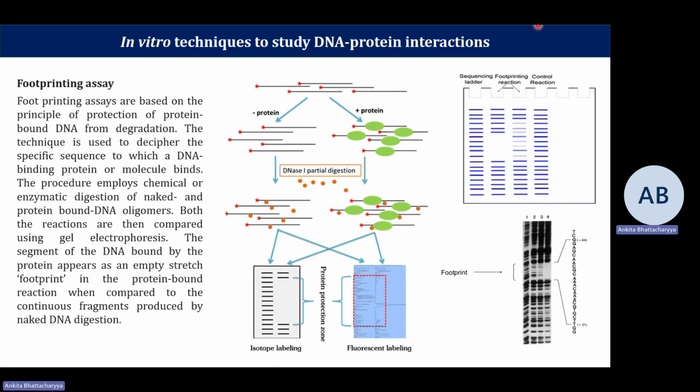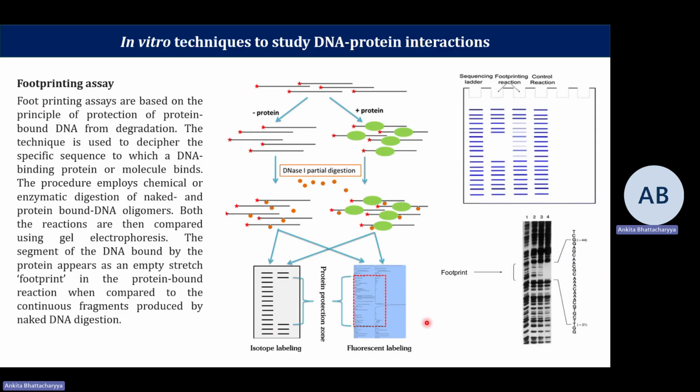And on the right, you can see this is your sequencing ladder, which shows you the molecular weights which you expect. And on the extreme right, you have a control reaction, which is a known footprint, which does not have the expected footprint. Then among the footprinting reactions, you have plus and minus protein, and then you get your outputs.